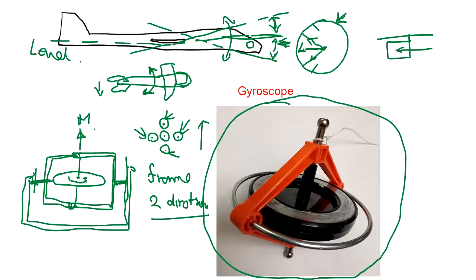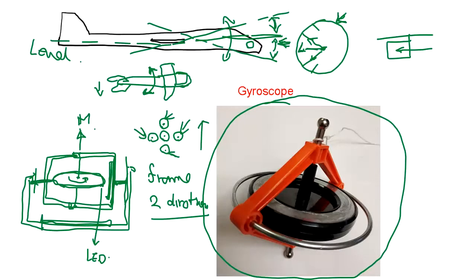What you do is, this is spinning. It starts spinning when it's level on the ground, and maybe you put little LED lights, and put a light sensor along this axis and this axis.